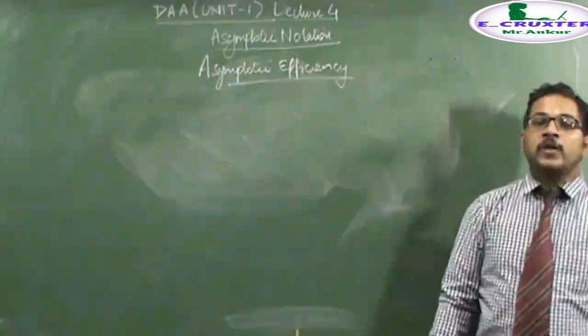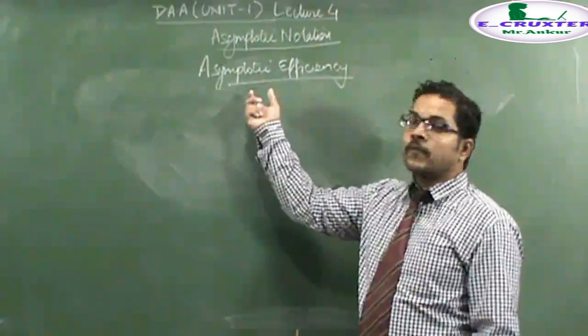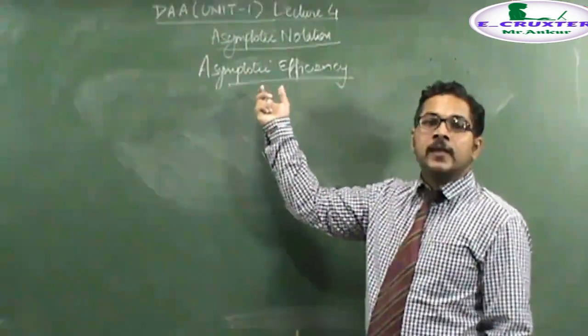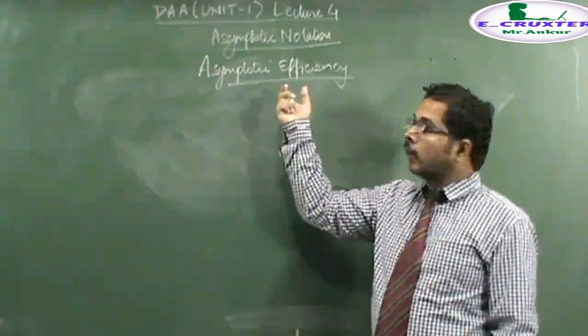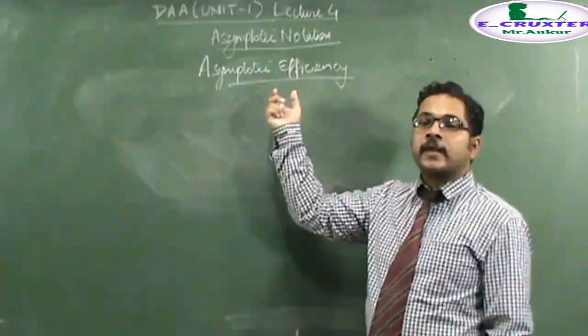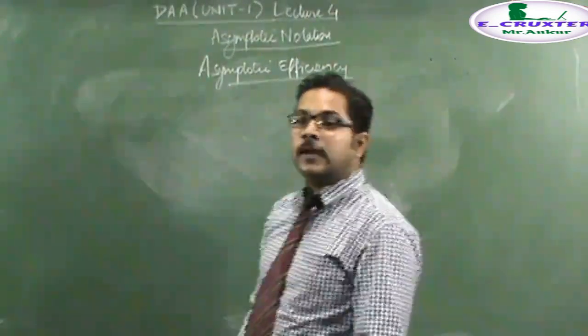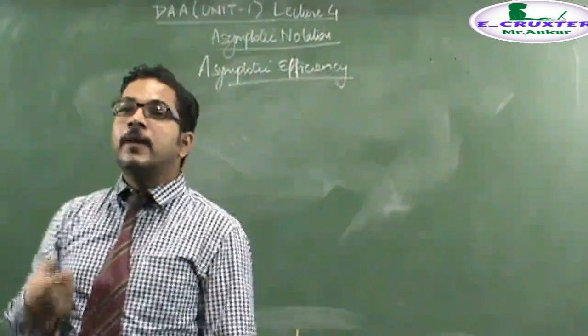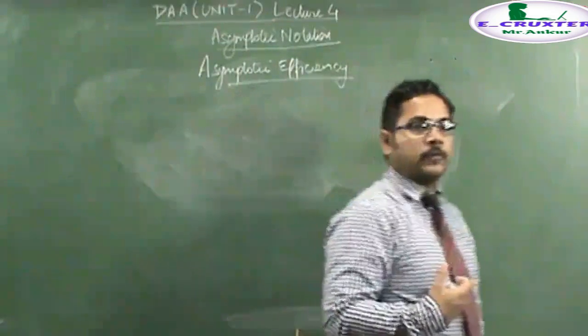That is, we are concerned with how the running time of an algorithm increases with the size of the input in the limit, as the size of the input increases without limit. An algorithm that is asymptotically more efficient will be the best choice for all but very small inputs.